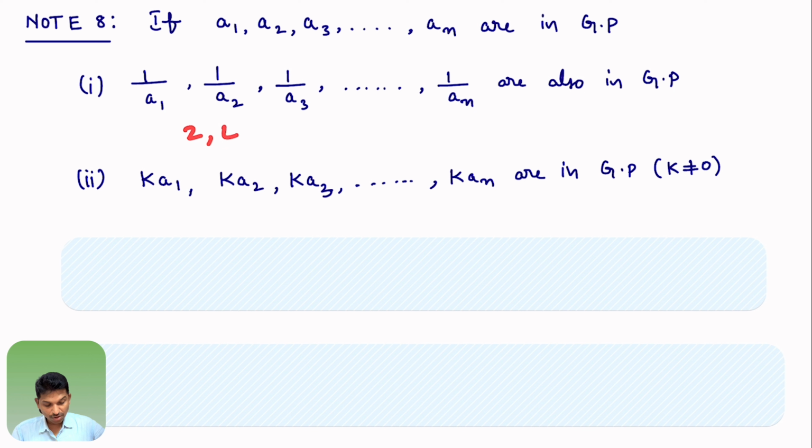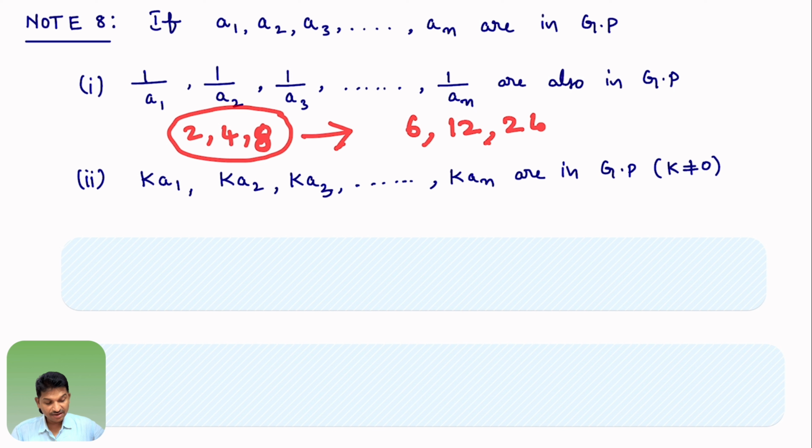For example, 2, 4, 8 are in geometric progression. All these you multiply with a constant. Suppose multiply with 3. Each term multiplied by 3. 3 2s are 6, 3 4s are 12, 3 8s are 24. You check what is the common ratio. 12 divided by 6, that is 2. 24 divided by 12, that is 2.